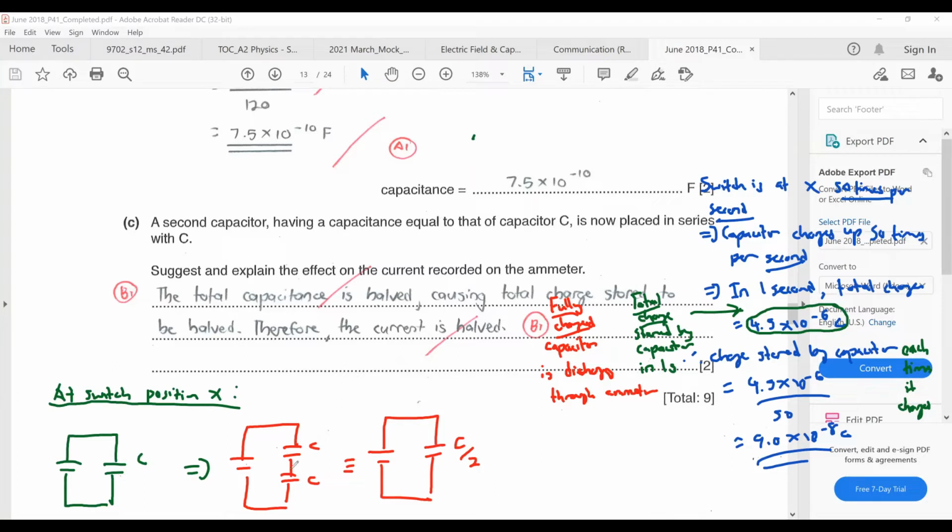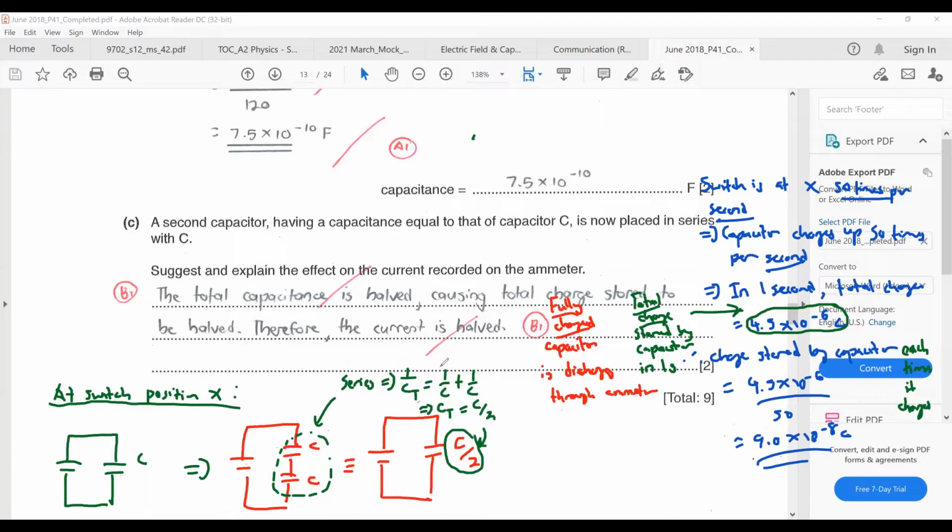When you have capacitors in series, the total capacitance is similar in expression to resistors in parallel. So this one would be 1 over C total equals 1 over C plus 1 over C, which gives you C over 2. That's why I can say it's like this.